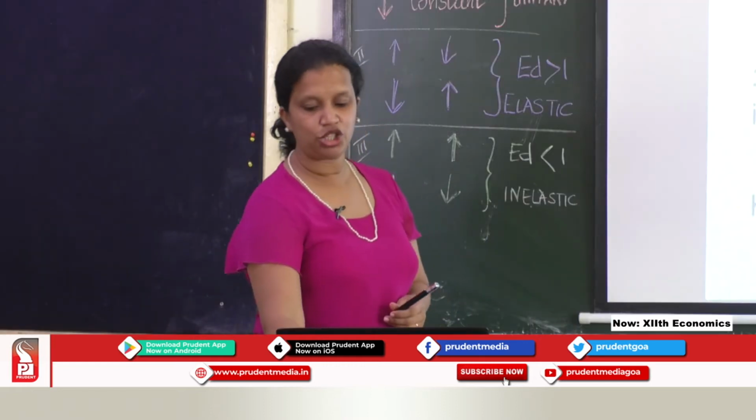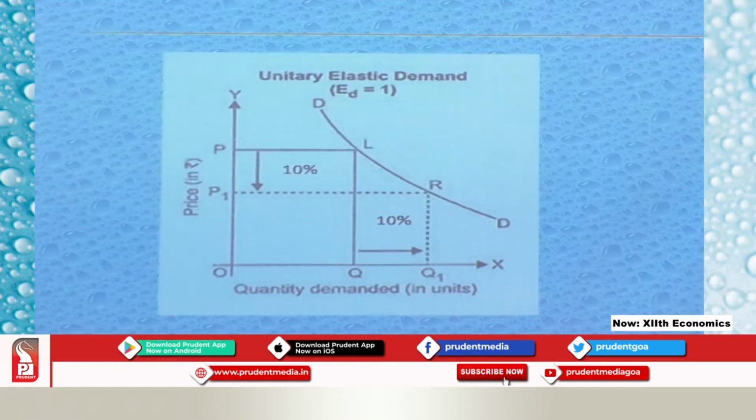Now, what will be the shape of the curve in this case? In this case, the curve is like a regular demand curve, a downward sloping demand curve, and when we draw the curve and mark the points OP, OP1, Q and Q1, you will notice that the distance between P and P1 and the distance between Q and Q1 will always be the same.